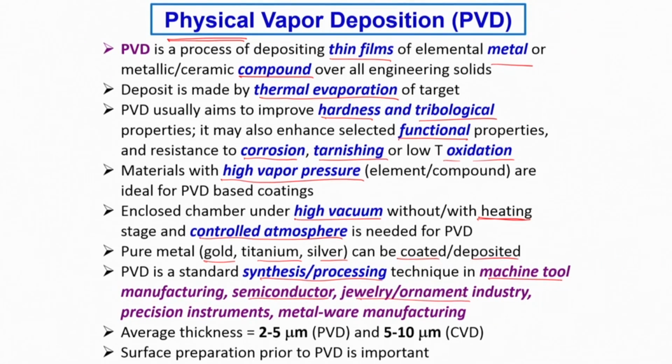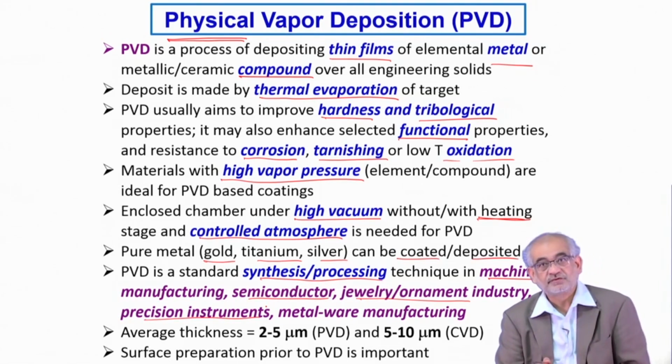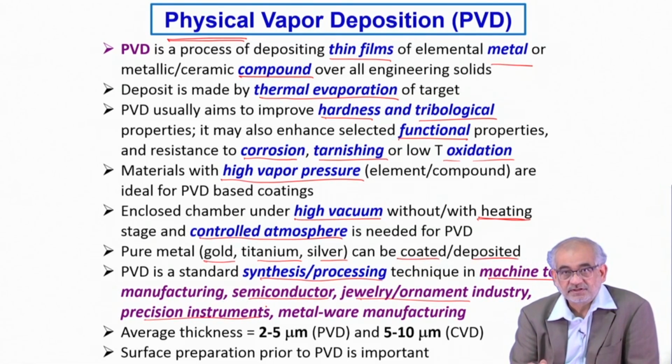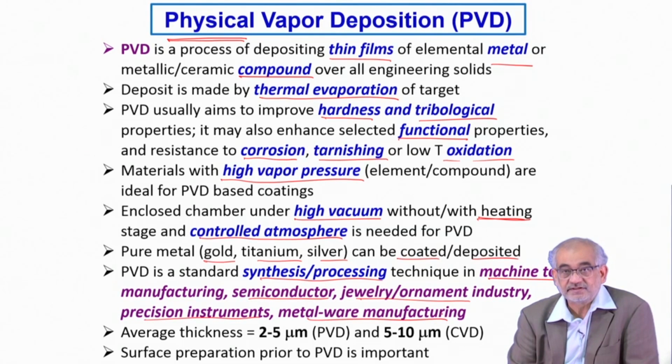In the jewelry and ornament industry, this is very popular. It can also be very useful for precision instruments to create a matching coating to match the coefficient of thermal expansion or friction coefficient and so on. Similarly, it is also useful in metalware industries.